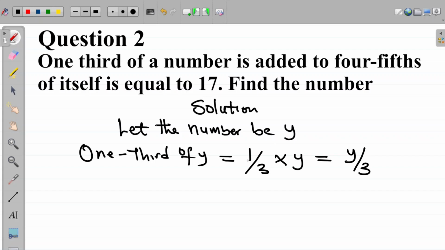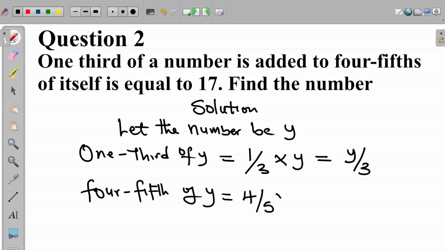Again, the next statement states that 4/5 of that number is equal to 4 divided by 5 times y, which is equal to 4y divided by 5. But the question states that 1/3 of the number is added to 4/5 of that number, and the result is equal to 17.